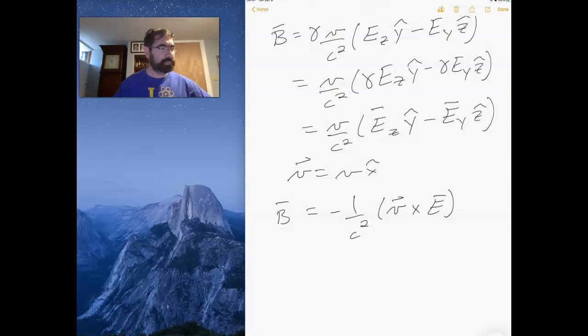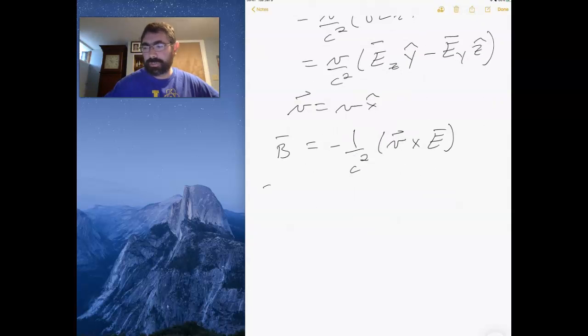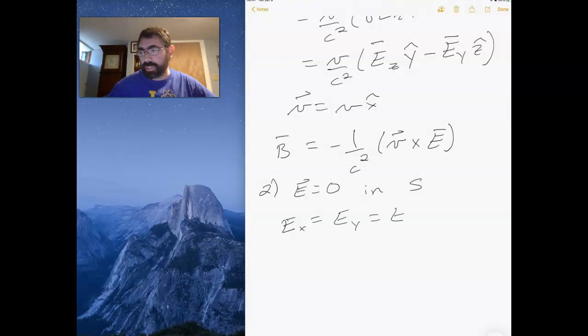Okay, so let's take a look at the case of no electric fields. If E is 0 as measured in the S frame, then basically Ex equals Ey equals Ez, all equal to 0.